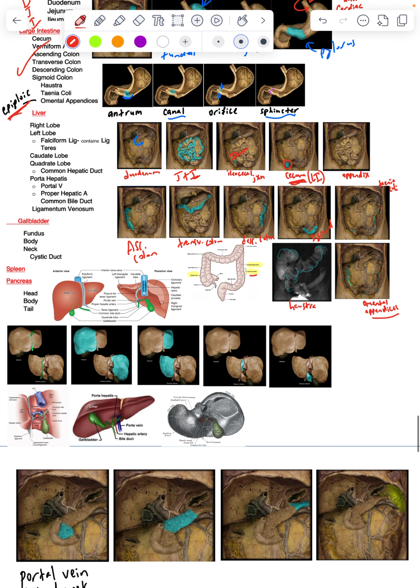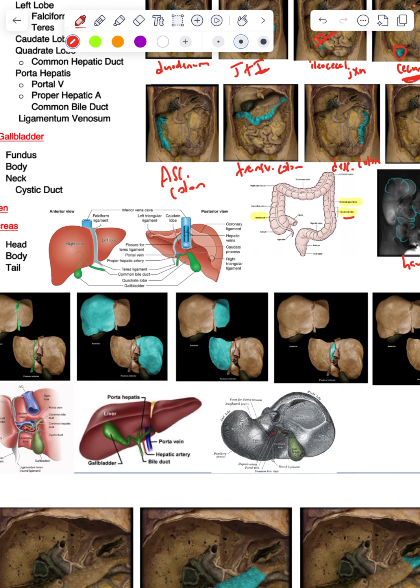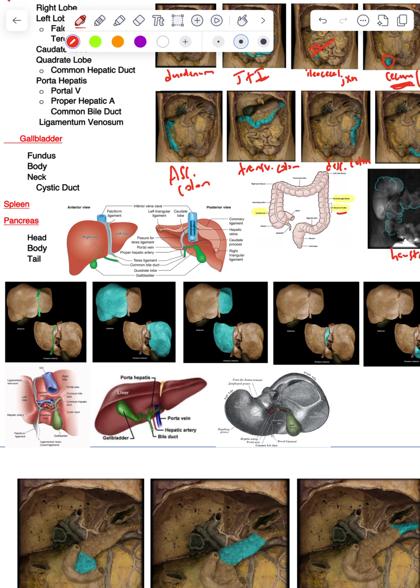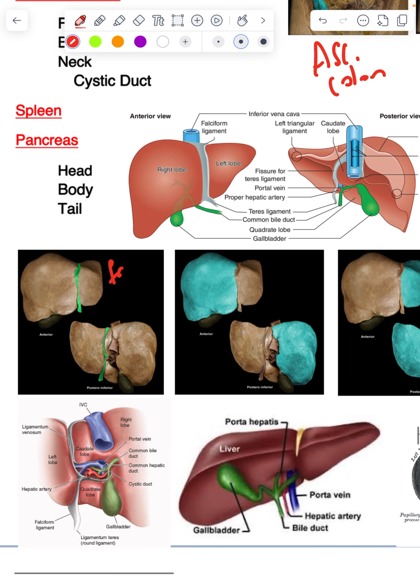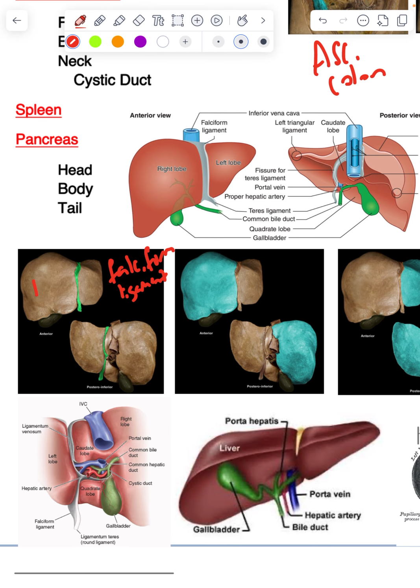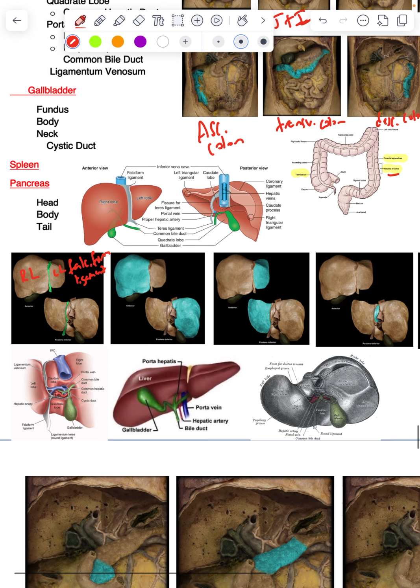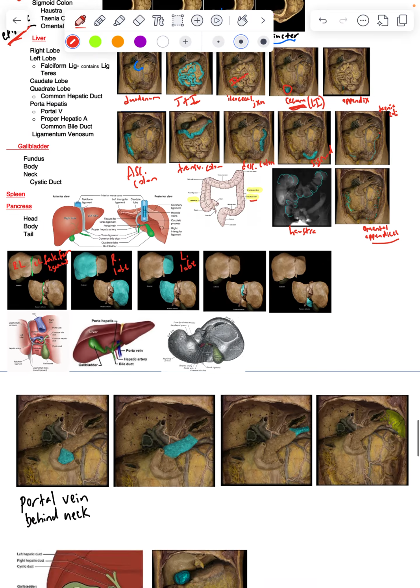Now liver. We already saw this thing right here called a falciform ligament. This splits the liver into a right lobe and a left lobe. So this would be the right lobe, and this would be the left lobe of the liver.